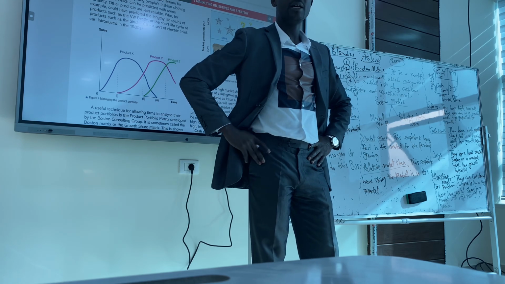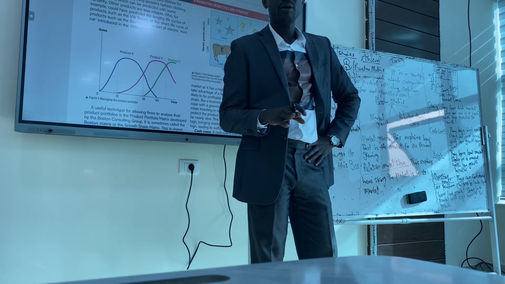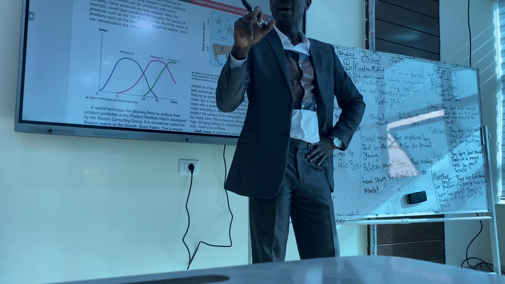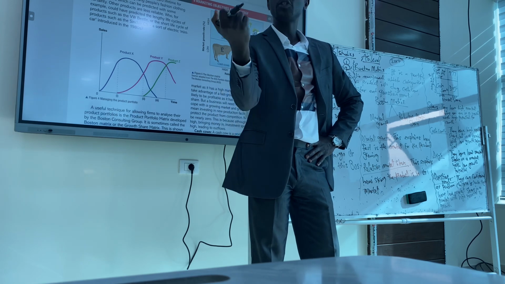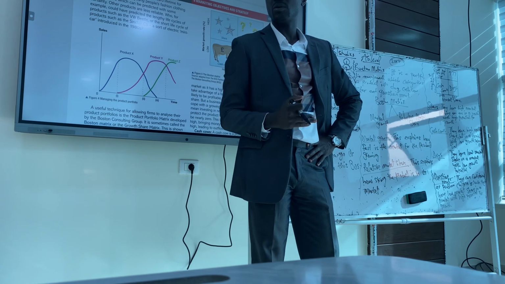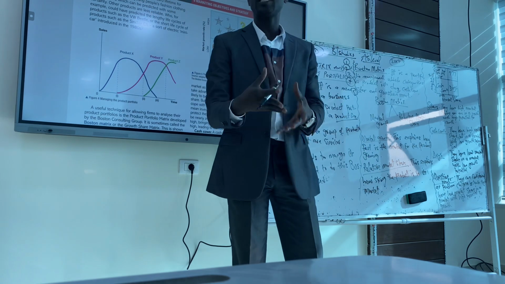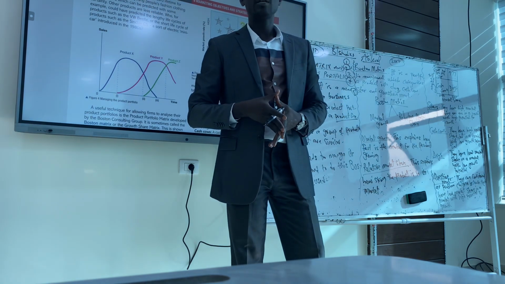Question marks have the potential to grow if the right thing is done with them, because they are in a market that has the potential to grow. But dogs cannot, because the market they are in has low growth, and they already have a low market share because the cash cow has everything. Is it clear? Yes.